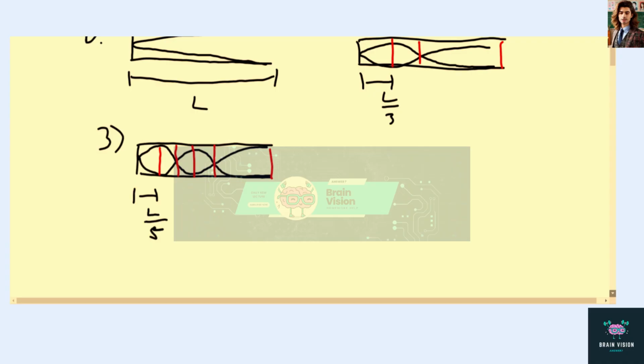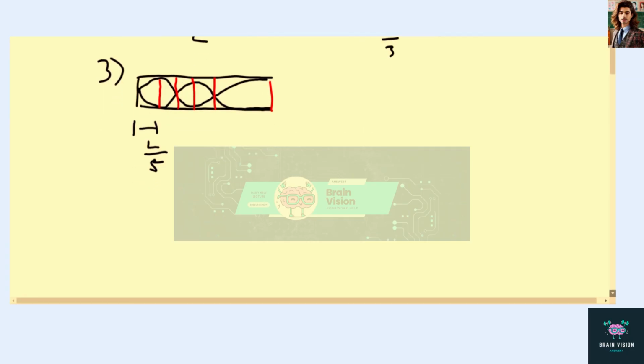So for the 3 simplest modes of vibration, the node to antinode distances are L, L over 3, and L over 5, which then we just need to calculate out. So L, of course, is still 86.0 centimeters. And then L over 3 is equal to 28.7 centimeters.